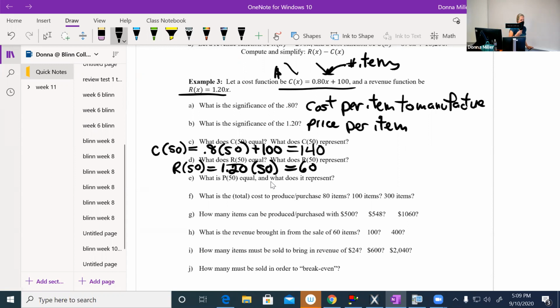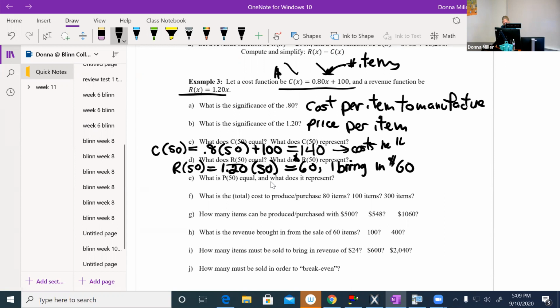So this tells me if I sell 50 items, I get 60 bucks. Right? That's my revenue. So I bring in $60. And here it cost me $140 to make 50.